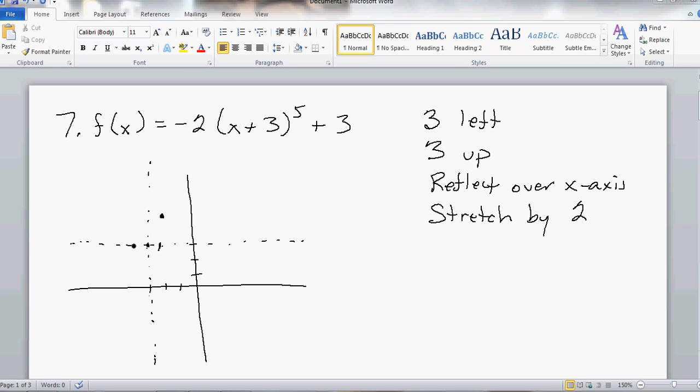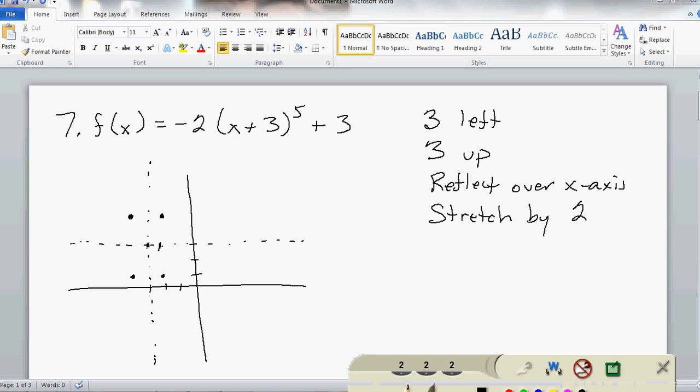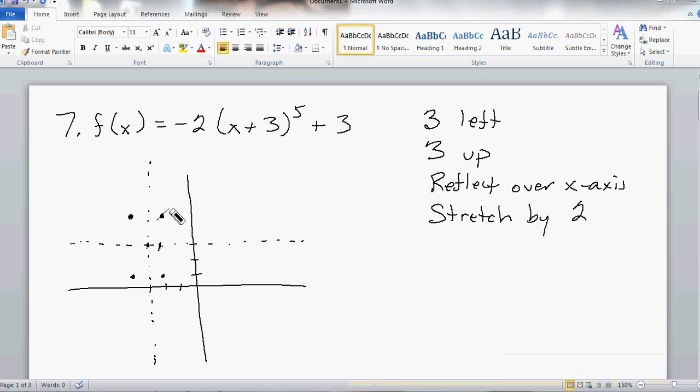And instead of -1, I have to go -1, -2, which is about right there. Whoops, I forgot to reflect over the x-axis, didn't I? So this one has to come down here, and this one should be up here. So let me get rid of those bad ones there.